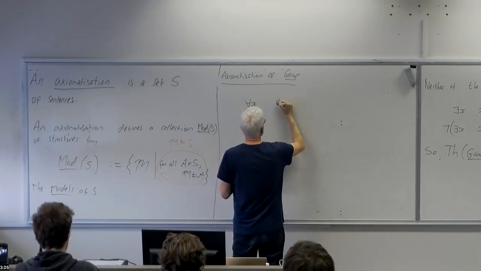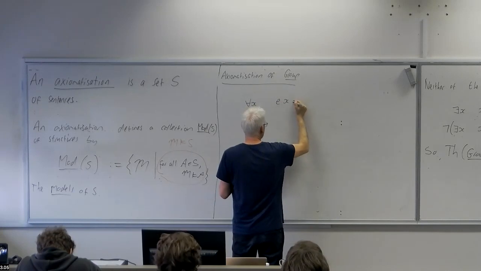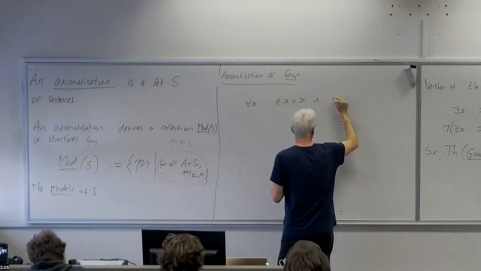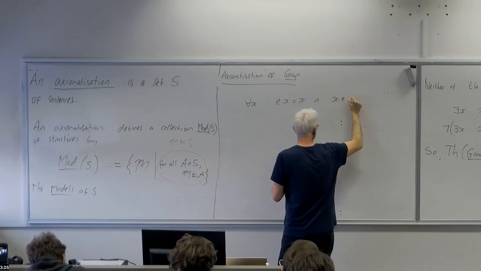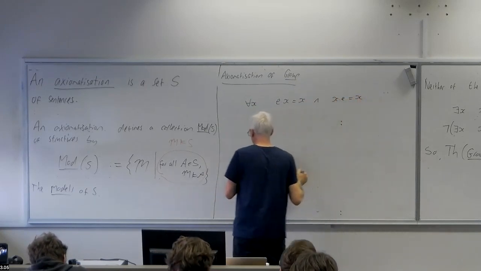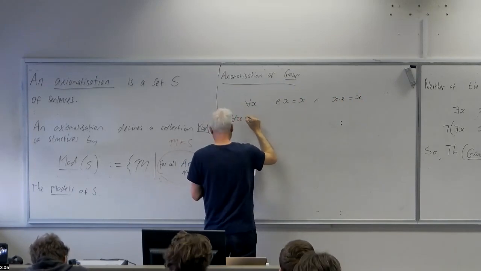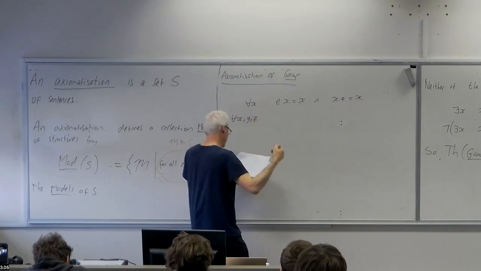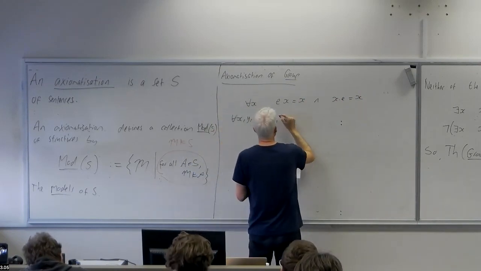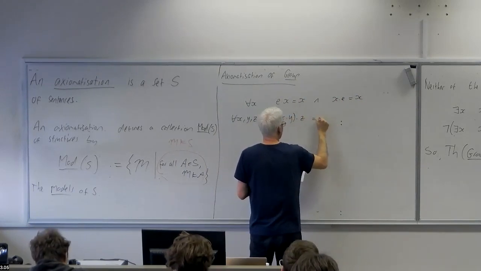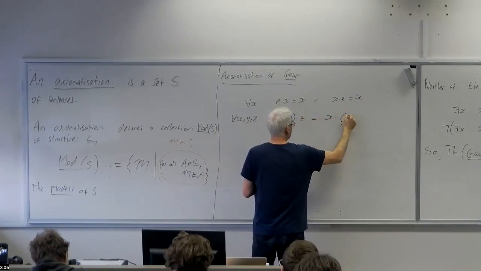So for all x, so for all elements of the group, e times x equals x, and x times e equals x. We want the axiom saying that multiplication is associative. So for all x, y, z, which strictly means for all x, for all y, for all z, if we have x times y times z, then that's the same as x times z.